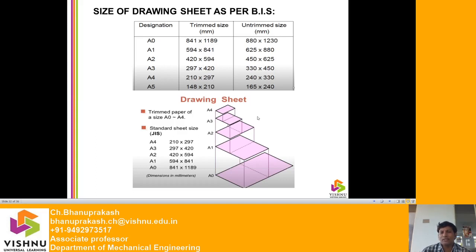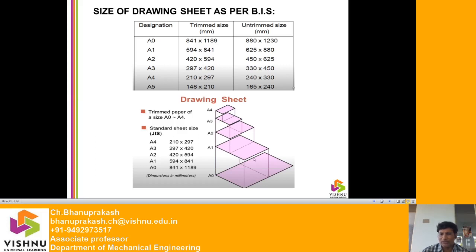Sir, how are these sheet sizes formed? See here, first I am taking A4 size, this is 210, this is 297. Next, A4 plus A4: you place another A4, then you get A3. Place another A3 sheet, then you get A2.